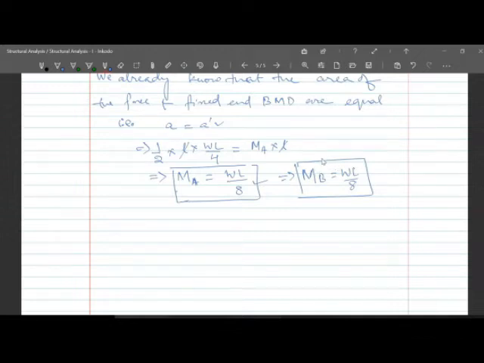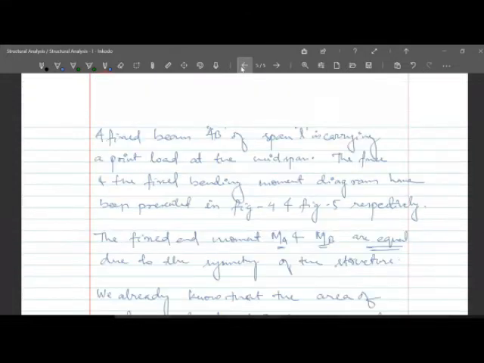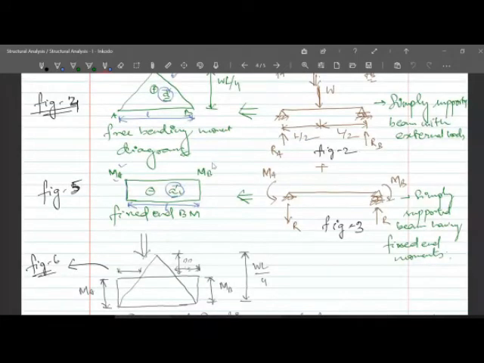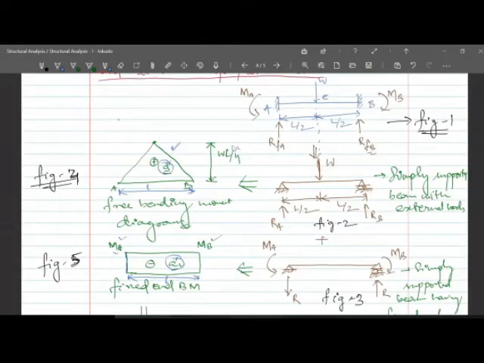Right. Okay. So what will be the bending moment? We have found out, or we already know this value.